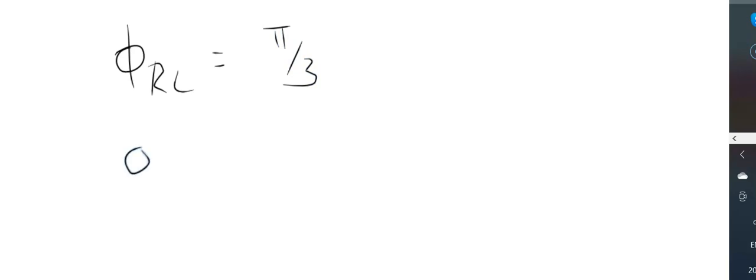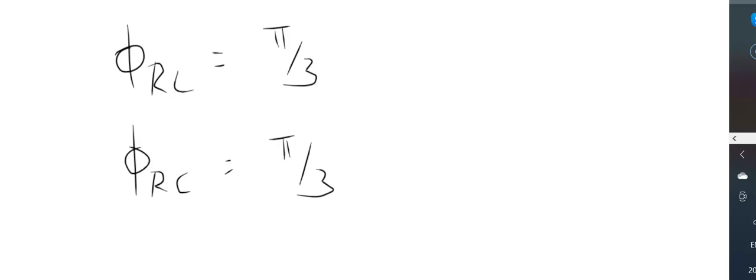So, for the RL circuit, that is resistance and inductance, we can say phi RL is equal to pi by 3. And for the RC circuit, phi RC is also equal to pi by 3.